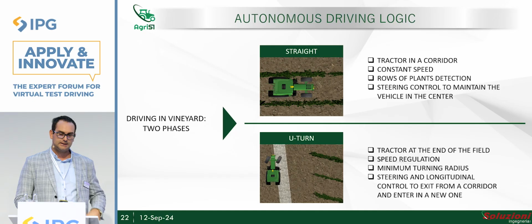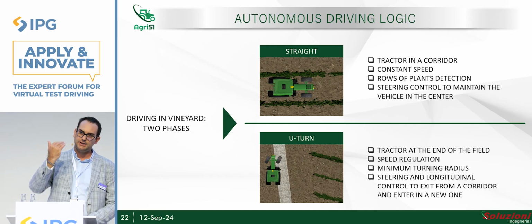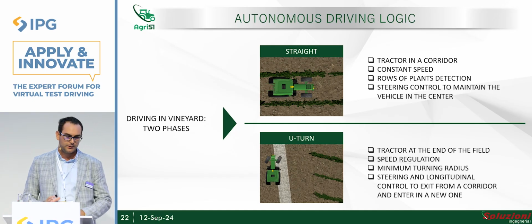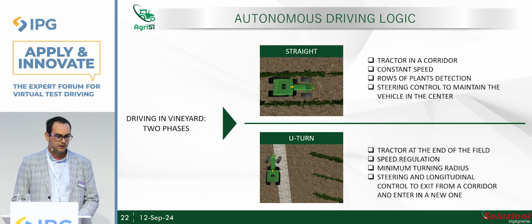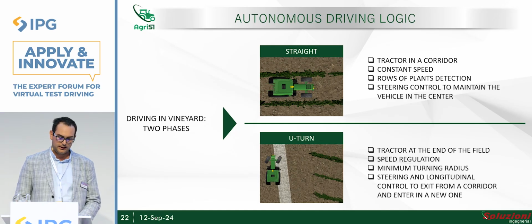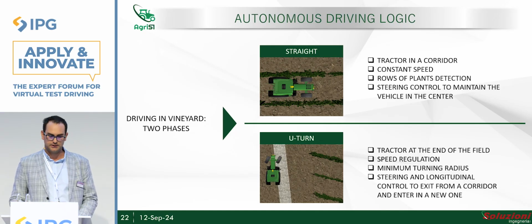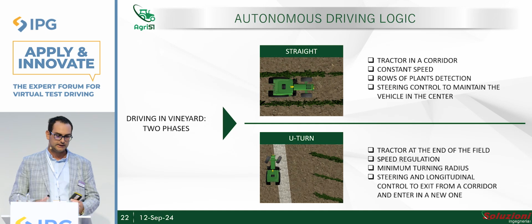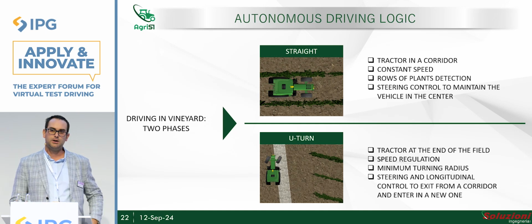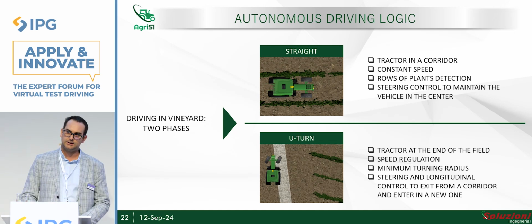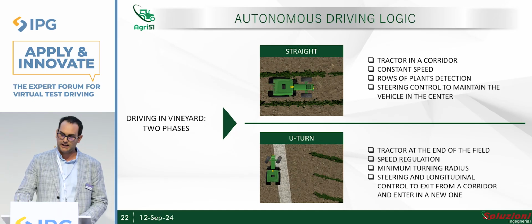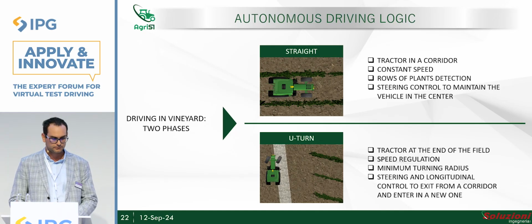In the U-turn phase, instead, the tractor has reached the end of the field, so we need speed regulation. We need to know the minimum turning radius of the tractor, and we need a steering and longitudinal control which permits it to exit from one corridor and enter the next one.